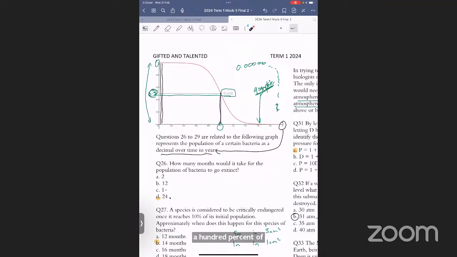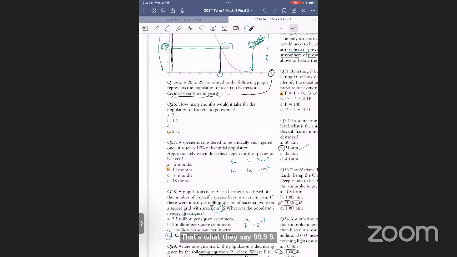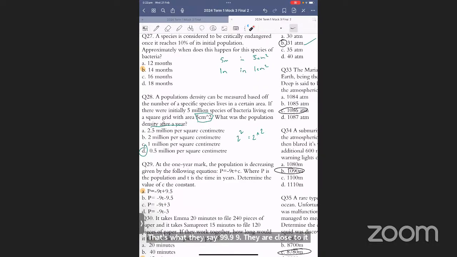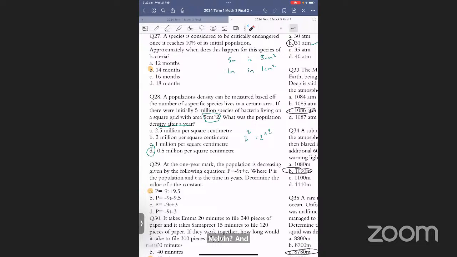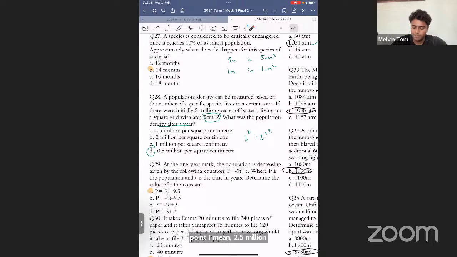Melvin, yes, Jeshan? For question 28, won't it be 2.5 million squared? No, it won't be, because this is per 5 centimeters squared, and this is asking per square centimeter.